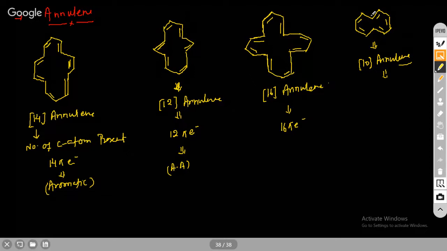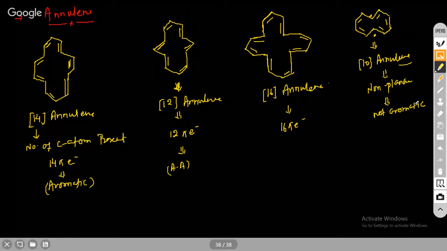Like I said, there is repulsion between these two points, right? This structure is non-planar and hence it is not aromatic. Okay, so these are a few examples of annulenes that you must keep in mind.